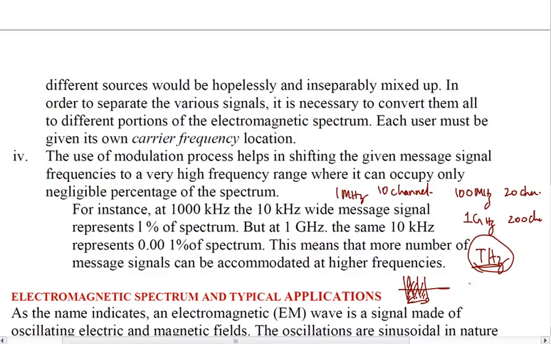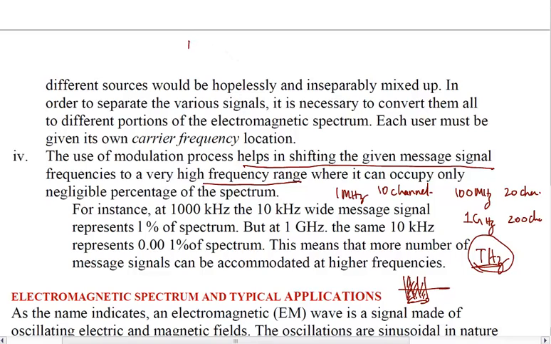That is the fourth reason: the modulation process helps in shifting the given message signal to a very high frequency range, where a channel will take only a very small share of the spectrum.